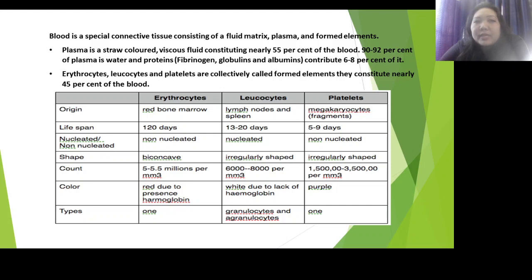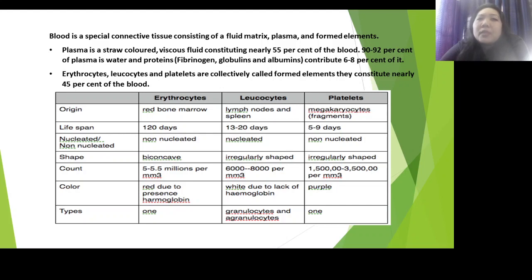Lifespan of RBC is 120 days, leukocytes 13 to 20 days, and platelets 5 to 9 days. RBC are non-nucleated, WBC nucleated, and platelets non-nucleated. The shape of RBC is biconcave, but WBC and platelets are irregular in shape.